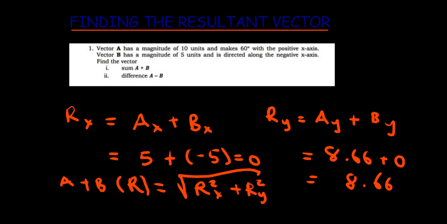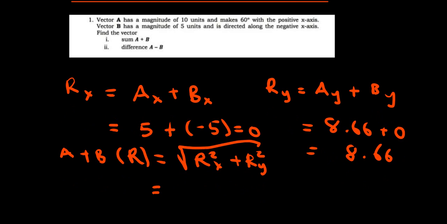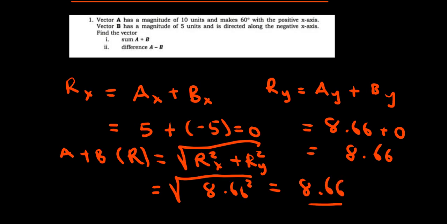So we know that rx is 0 here. So even if we put 0 here, we'll still get 0. Then ry squared is 8.66 squared, and this still is going to give us 8.66. So this is the answer of the sum a plus b.